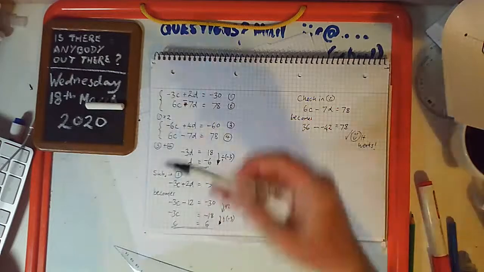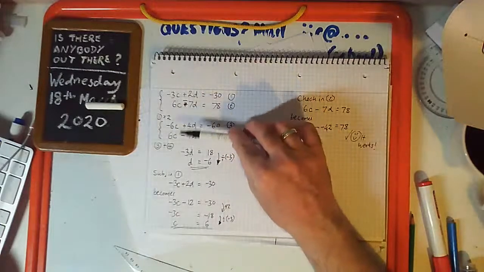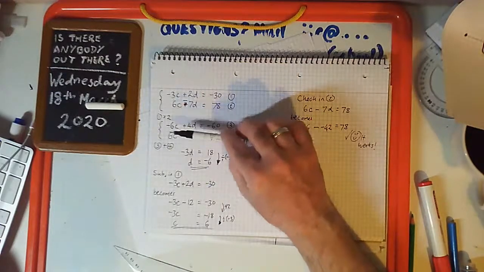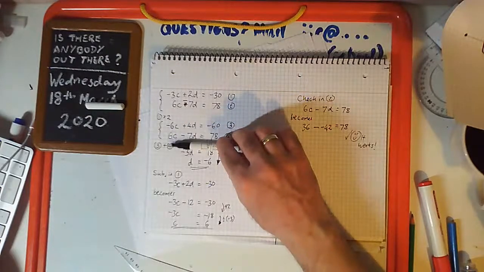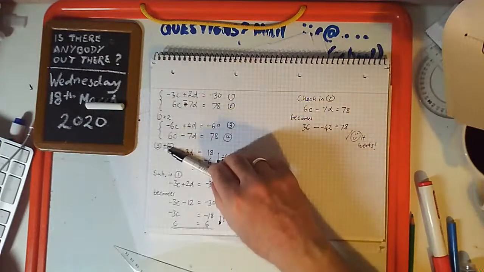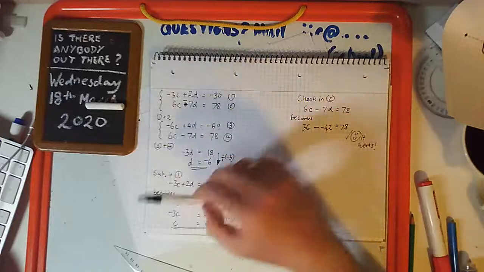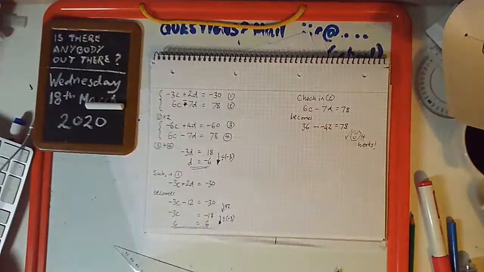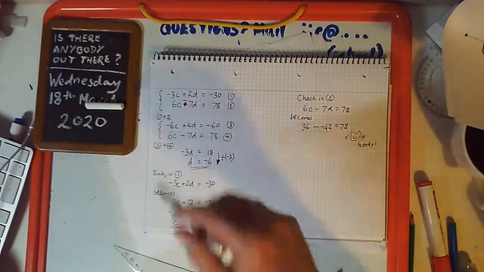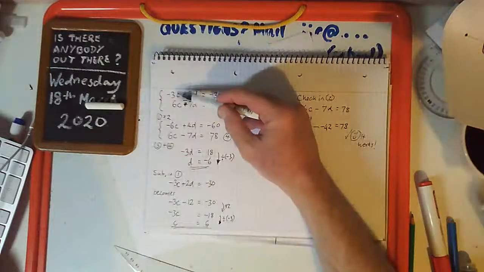So as it happens, I did that by making the C's plus and minus the same thing, and then adding the equations to cancel them out, because that happened to be easiest in this particular question because you had a plus and a minus.